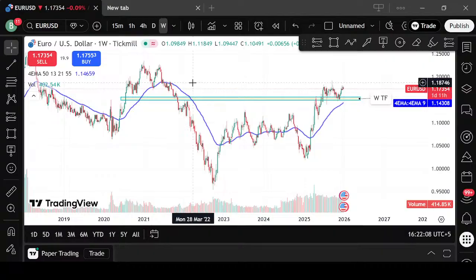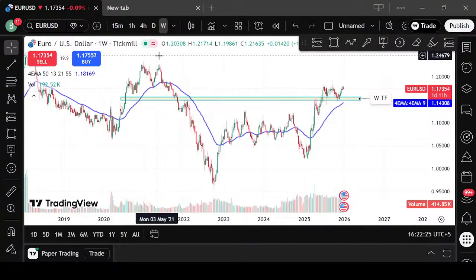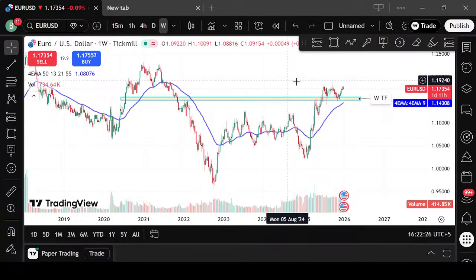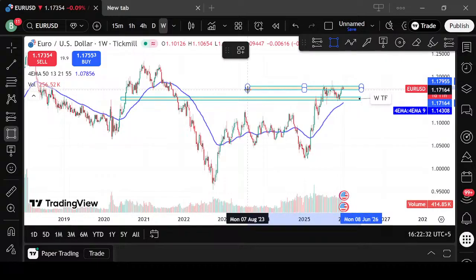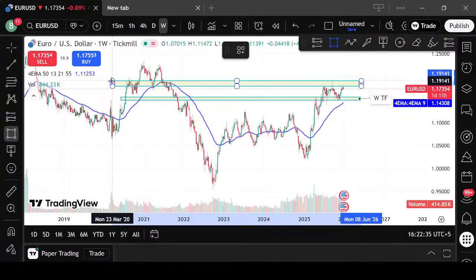Now, to mark the exact resistance, you can clearly see that it is exactly standing on the resistance right now. If it can break the resistance, then it will move freely. So first of all, I have to mark the resistance here. Now you can clearly see that it is the clear resistance here.